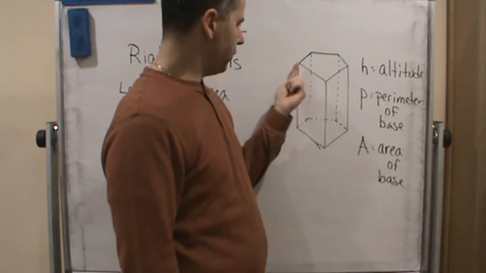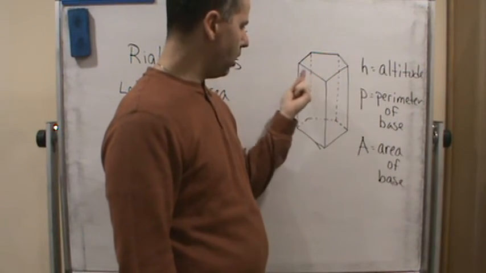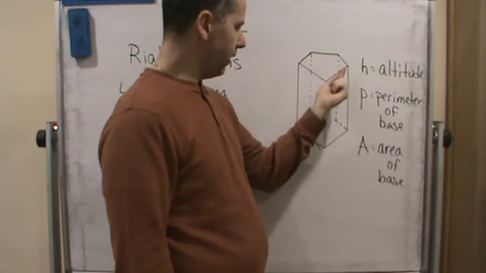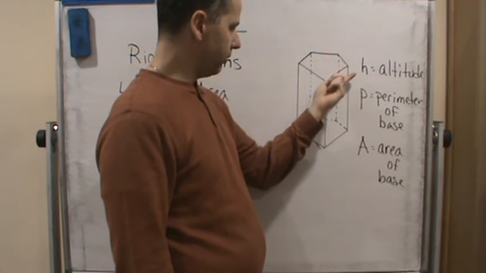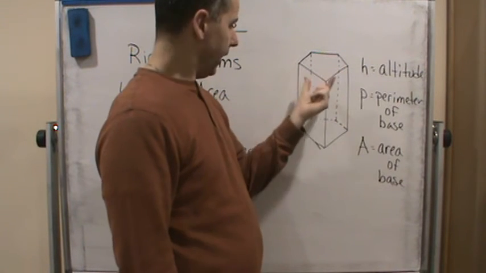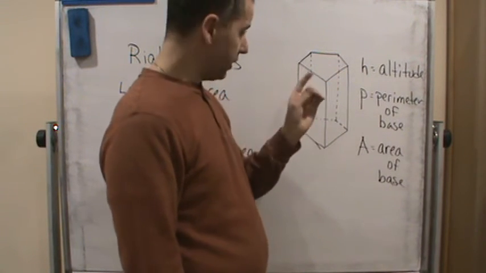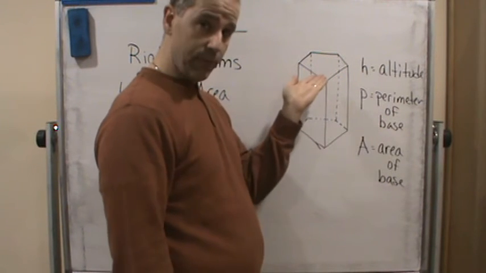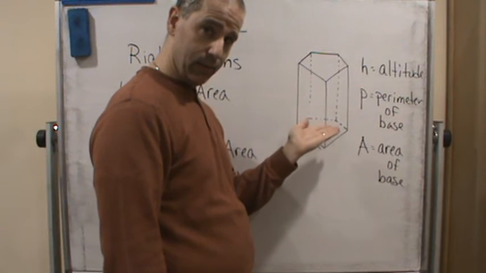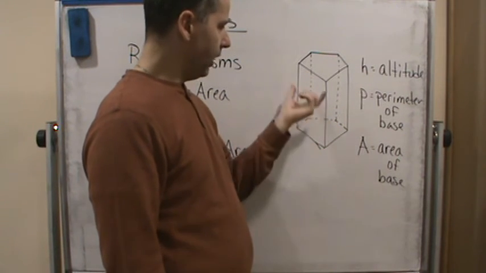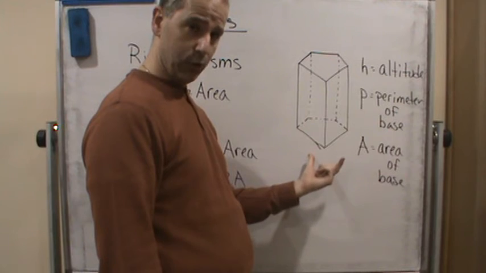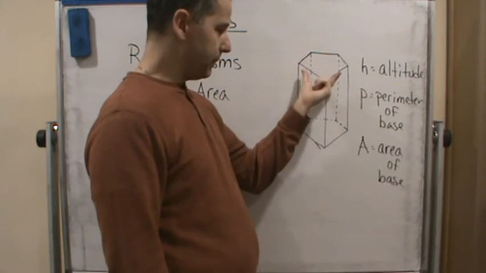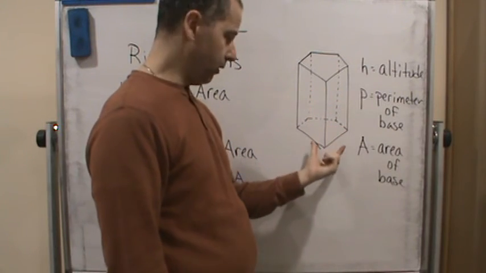In this case, if we take the area, we're taking a small little slice of the base here, right? We're doing a cross section. And so if we do a real thin cross section and we calculate the area of that little thin cross section, and we start stacking on little cross sections all the way down, and we keep stacking on area after area after area, what do we end up getting?